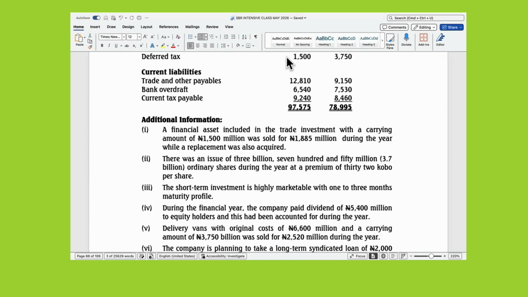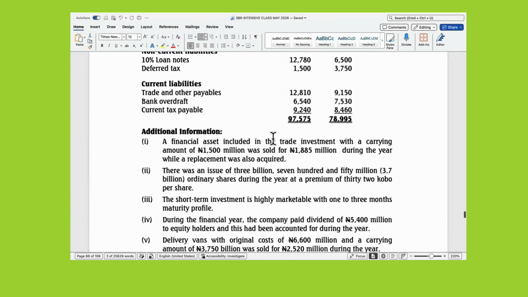I can see your hand. Okay, sir. I was about asking that note 1, financial asset, was it not supposed to be under the intangible asset before? No, it should not. I cannot just assume that financial asset is an intangible asset.